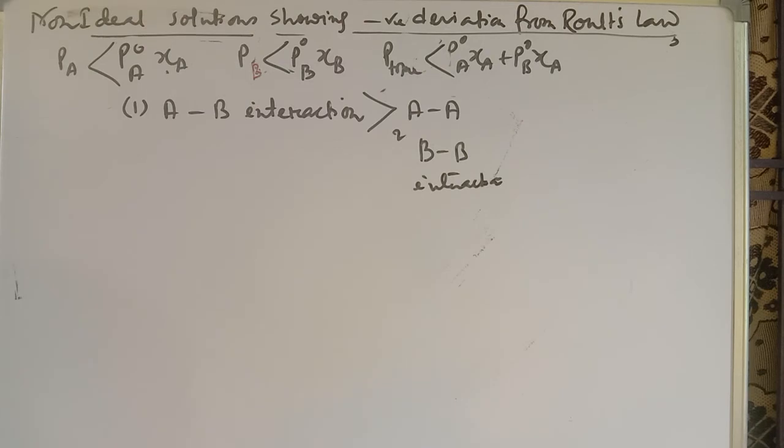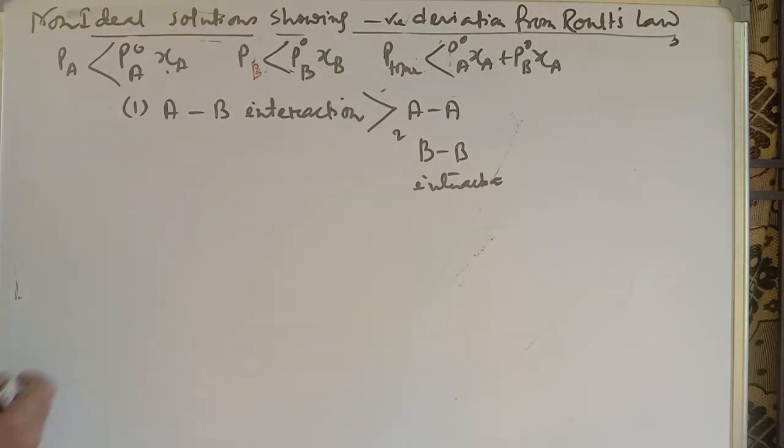That is, after mixing of A and B, AB interaction increases, attractive forces increase. If AB interaction increases, then the bond will not be broken easily, so their escaping tendency will decrease. Escaping tendency decreasing means vapor pressure decreases. That is why this is called negative deviation.